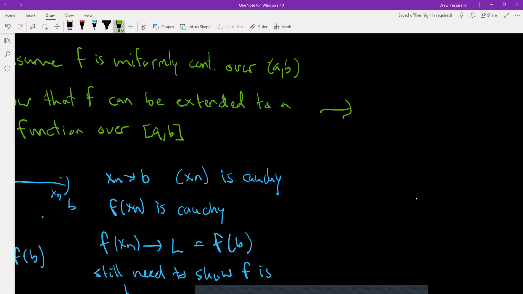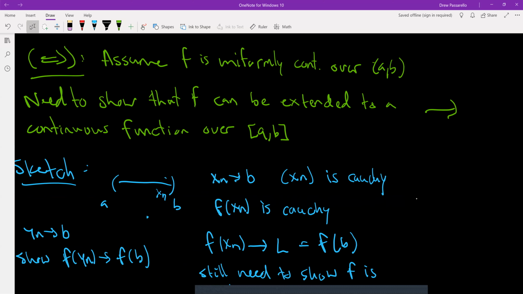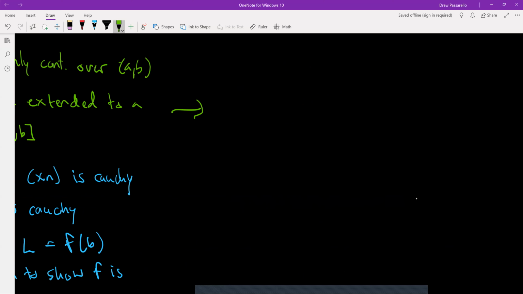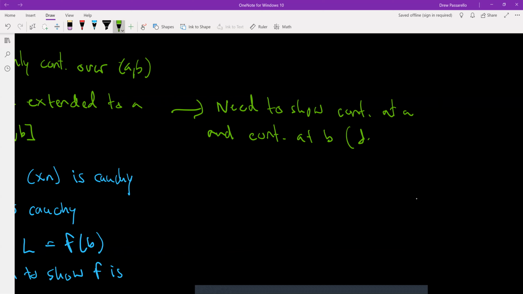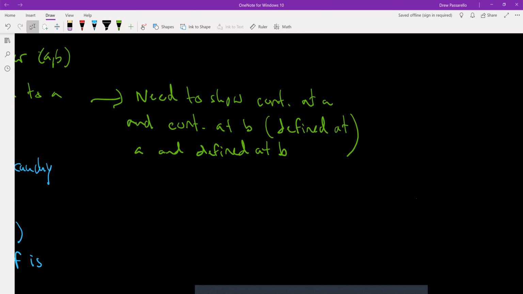We need to show that it can be extended to a continuous function over the closed interval [a, b]. Basically, we need to show it's continuous at a and continuous at b, meaning it's got to be defined at a and defined at b. Okay, so let's start with b.